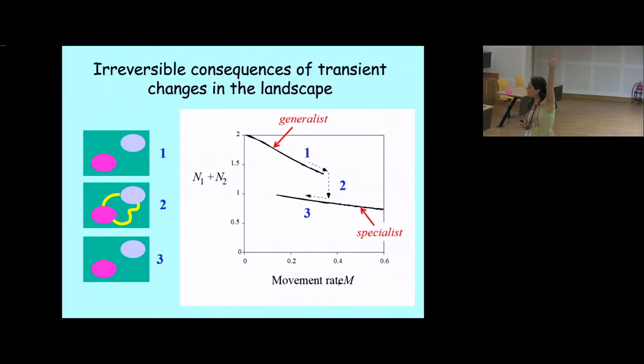So everything is symmetric in the model there. There's no asymmetry built in. The asymmetry is a result. This was generated by assuming that the carrying capacity of the two habitats is equal. There's no intrinsic difference between habitat quality.